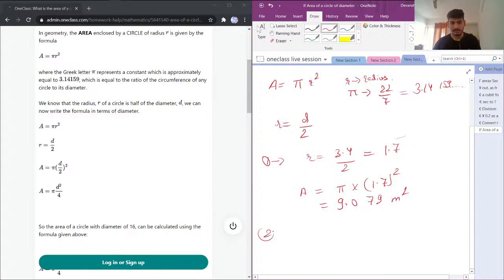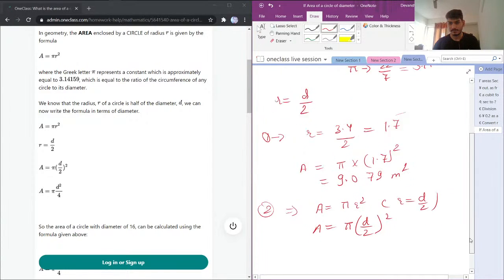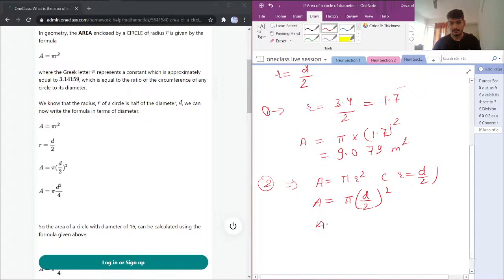The second method we can use is, in the formula A equal to pi r square, we can write r as half of diameter. So area will be pi into d by 2 whole square, which will be pi by 4 d square.